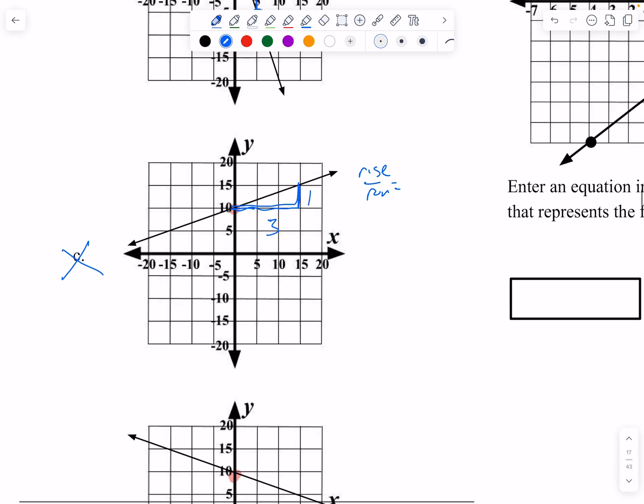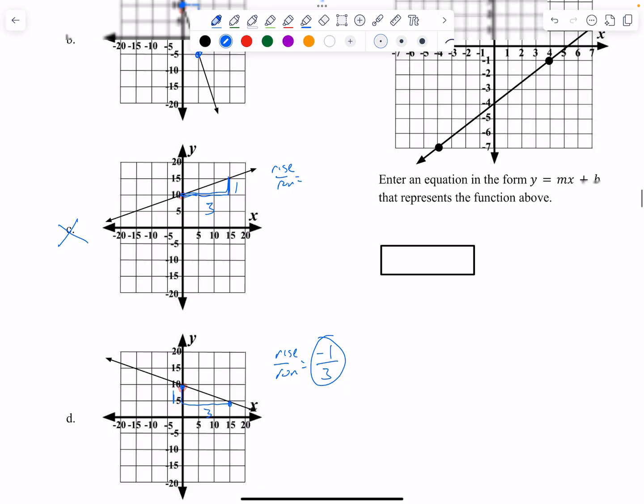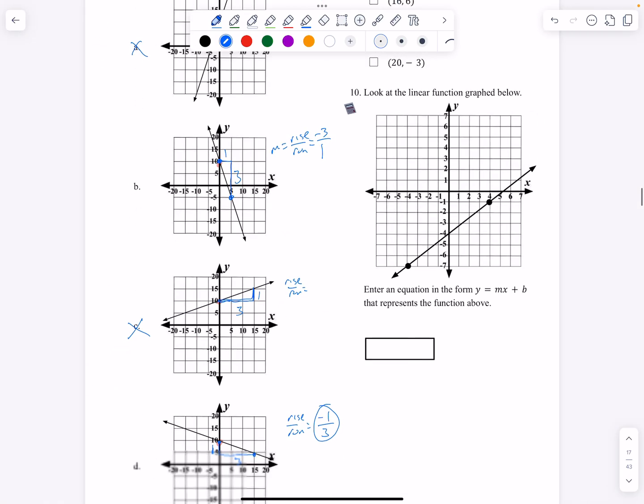Oh, no, that's not the one I want. It's this one, right here and right there. It's roughly 3 for sure, and that's 1 right there. So rise over run, I went down 1 and over 3. That's the one I care about because it is negative 1/3. So my answer should be D.